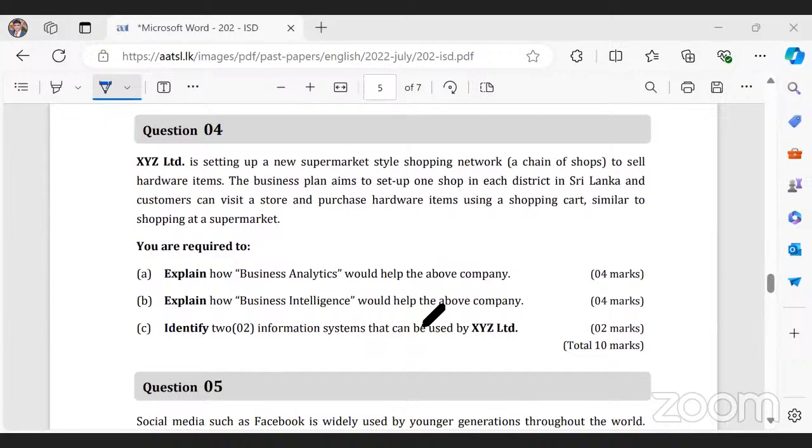Right, business analytics. There are different types of analysis in business analytics. We are analyzing data to retrieve certain valuable information.